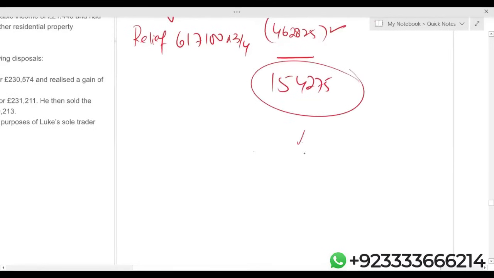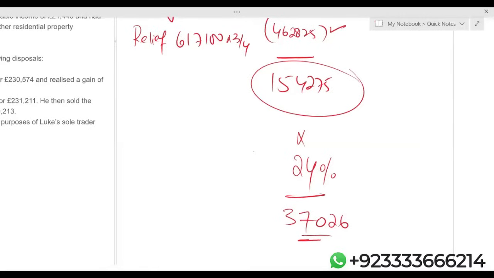Basically, if William does not transfer half of this, then William will have to pay 24% because William is a higher rate taxpayer. You will have to pay 24%, so if William is not transferring half, then William will have to pay CGT of 37,026.